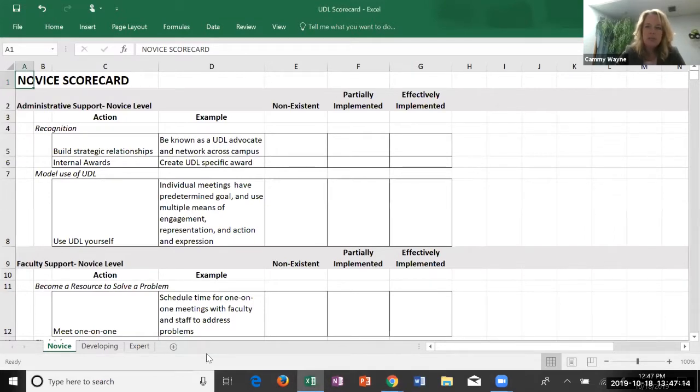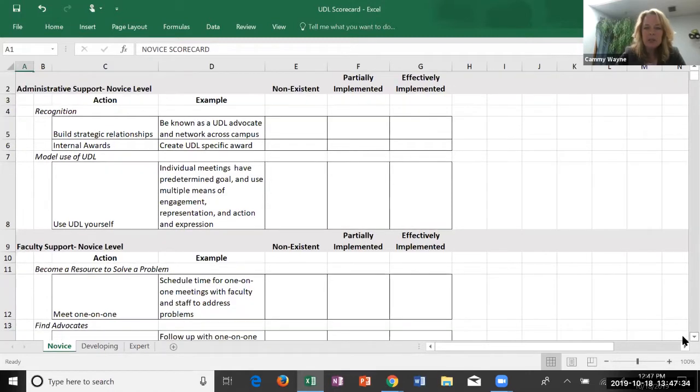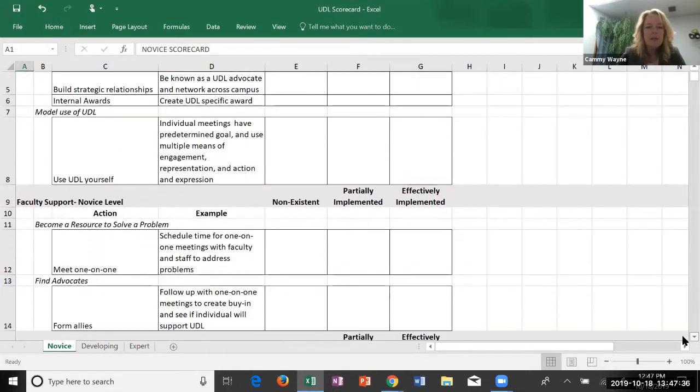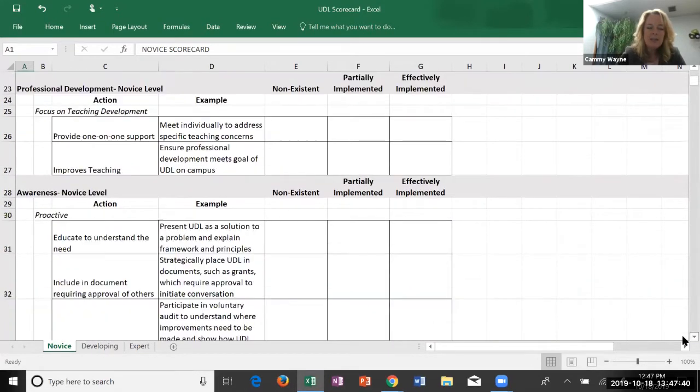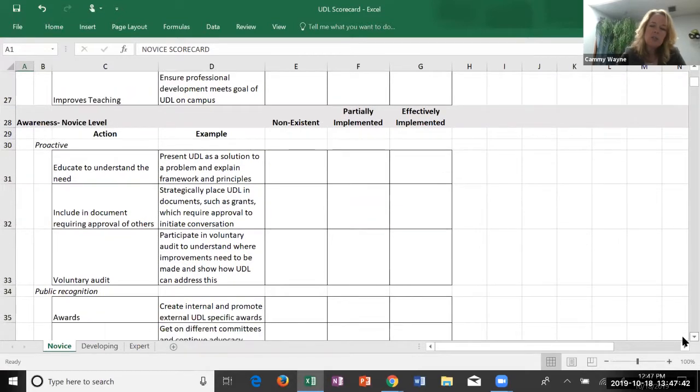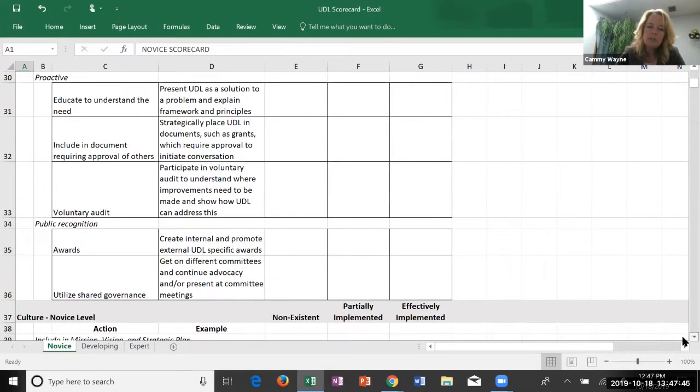And what this UDL scorecard does is it's going to put you into different levels and give you some action plans and strategies to use to increase UDL implementation at your college. So as you can see, if you go through this and answer where you're at currently, if you've implemented it or not implemented it, you can see where you're at, and it's going to tell you what else you need to do and how you need to move forward.